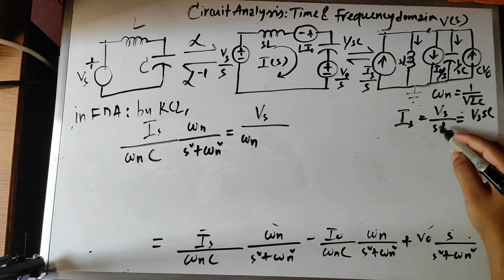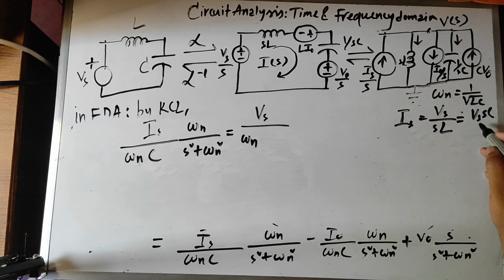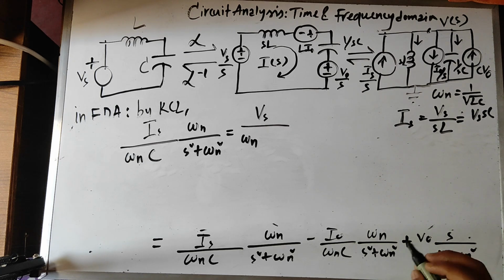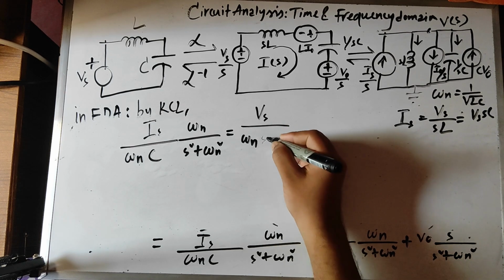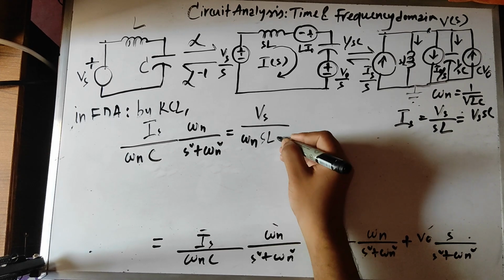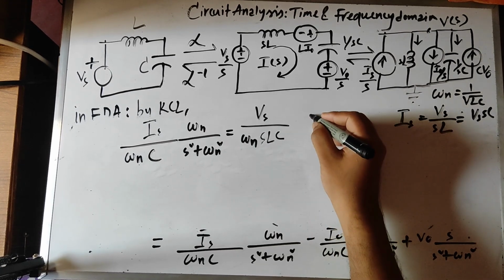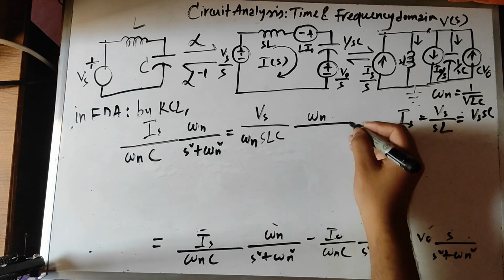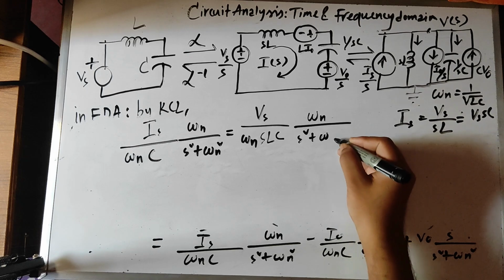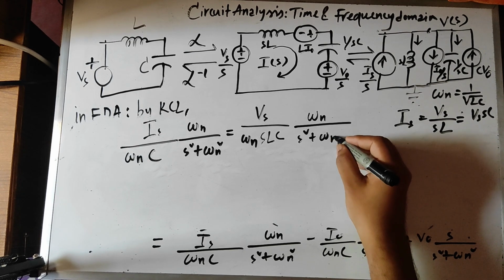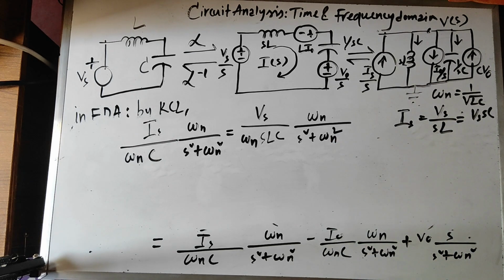So this will be sL and Vs by sC, not omega nL. Okay, so omega n by s squared plus omega n squared.